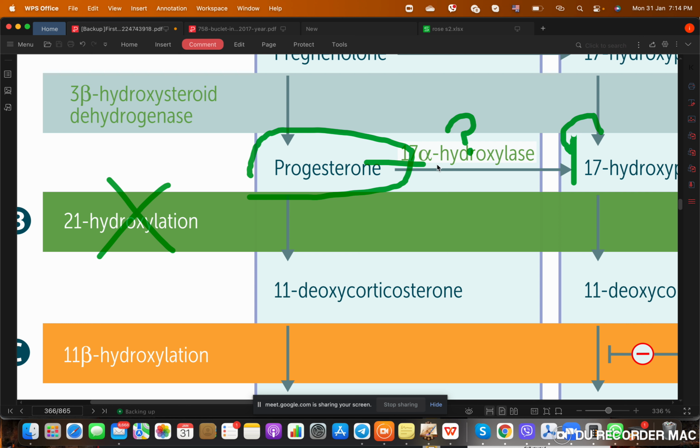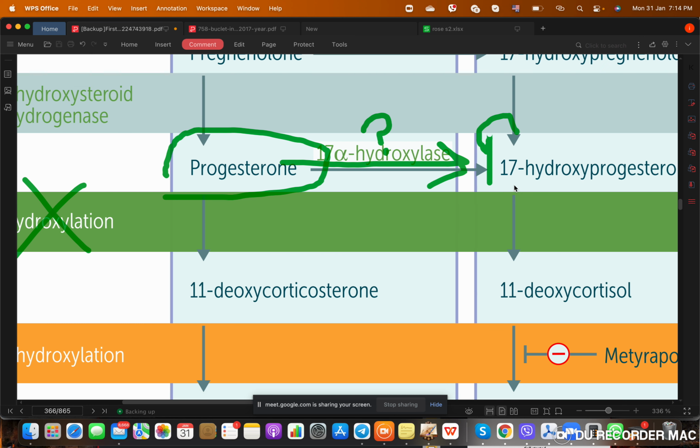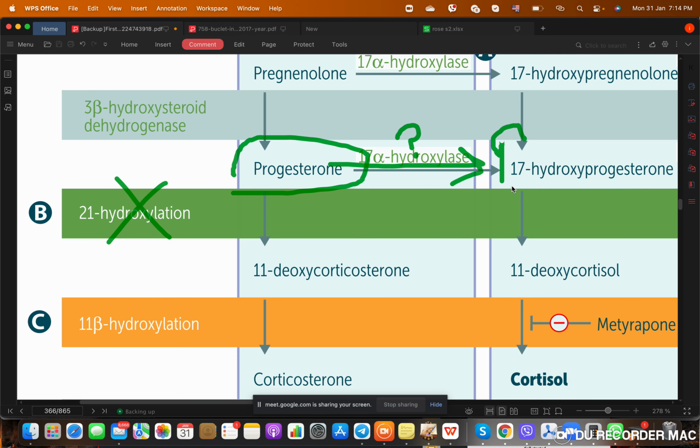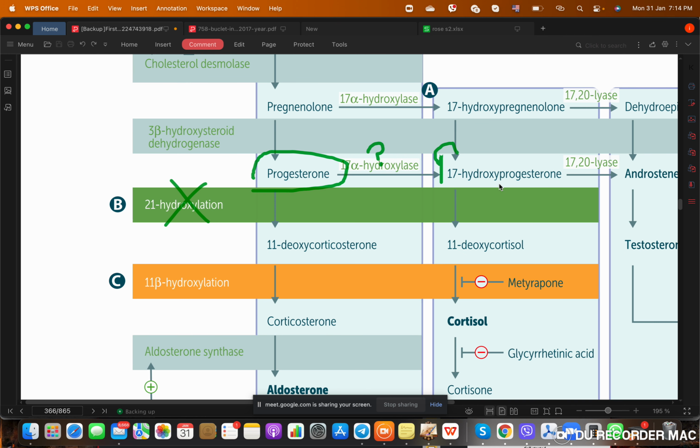No. So can you convert the accumulated progesterone into 17 hydroxyprogesterone? So mainly, which one is going to be elevated in case of deficiency? Absolutely, the 17 hydroxyprogesterone.